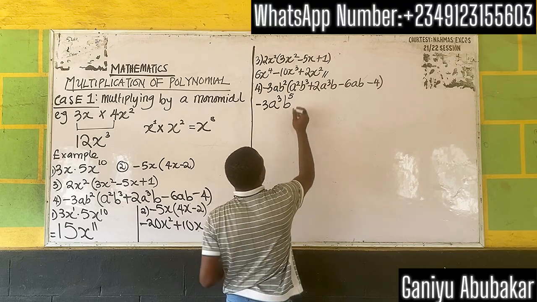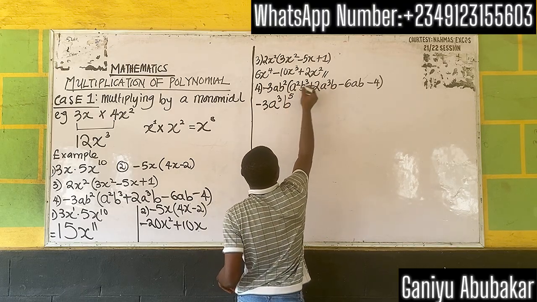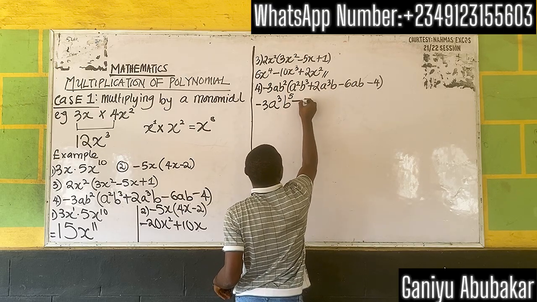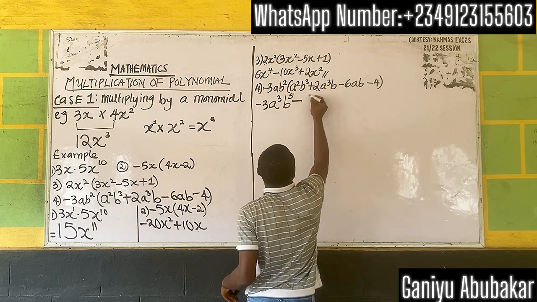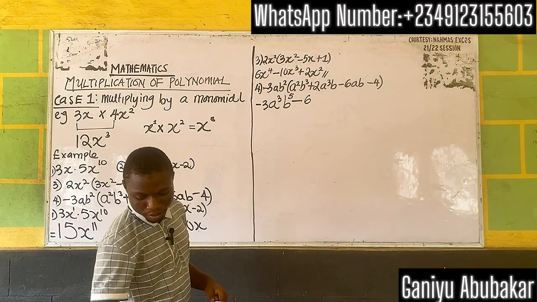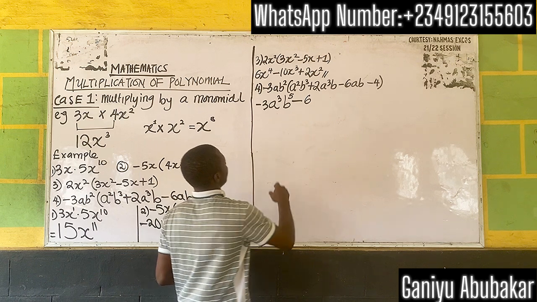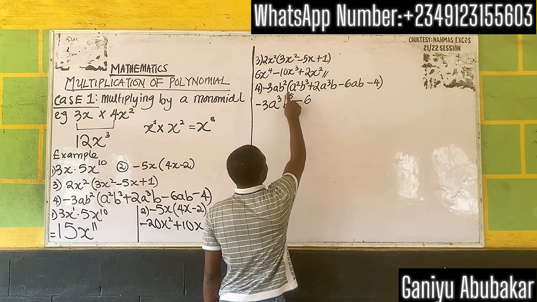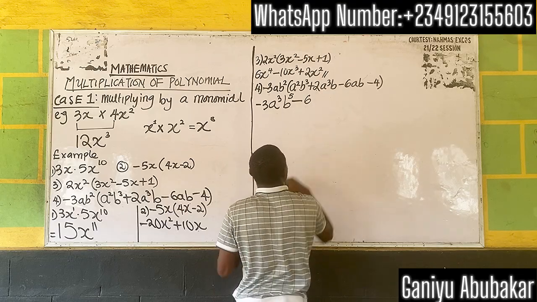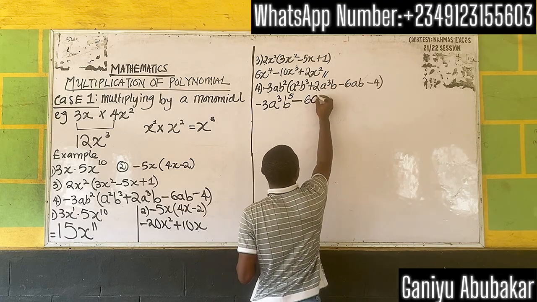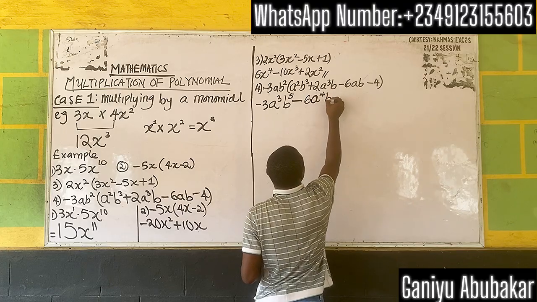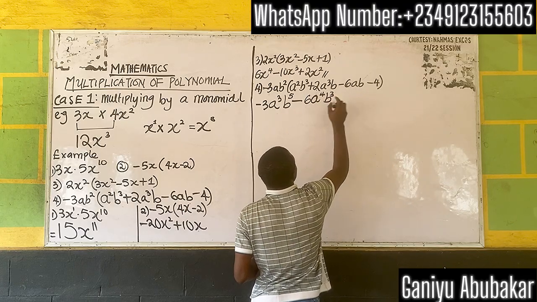That's all. Then minus times plus is minus. 3 times 2 is 6. A times a cube is a to power 4, right? B squared times b gives you b to power 3.